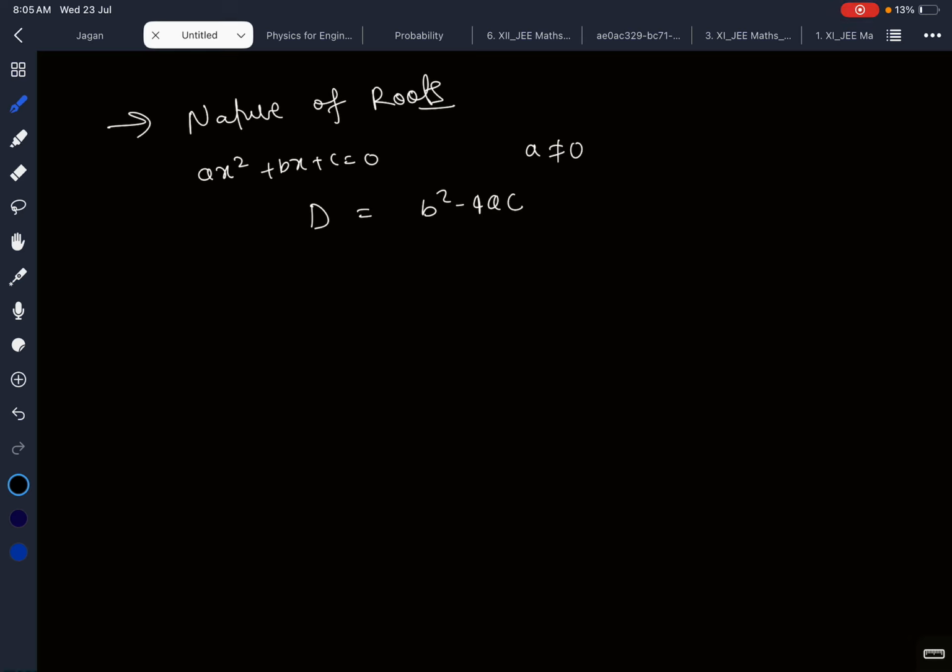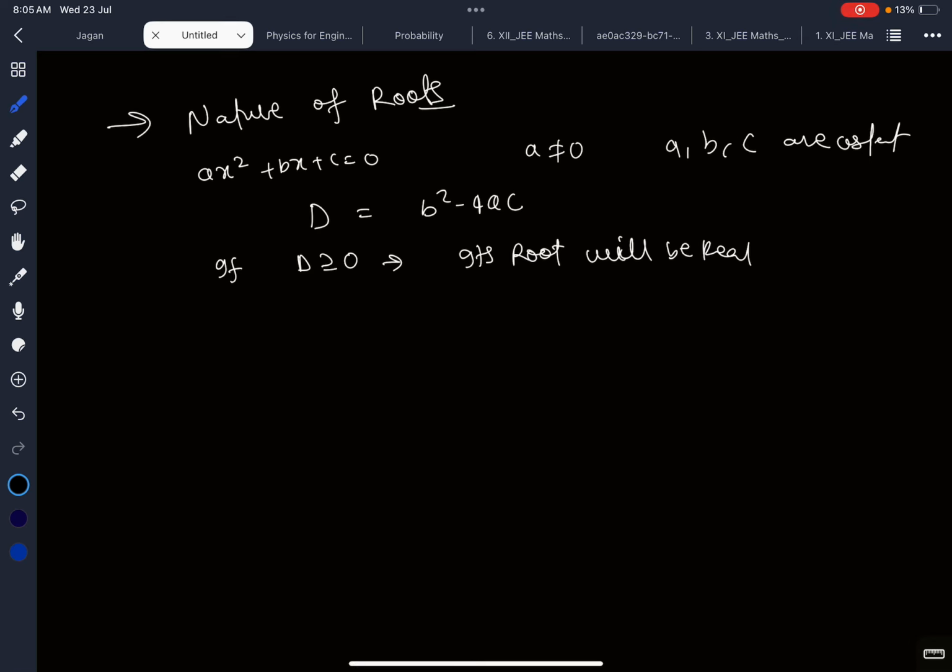So we will say if d is greater than or equal to 0, then we will be saying its roots will be real. And again, I am assuming that a, b, c are constant or say independent of x, and are constant and real.